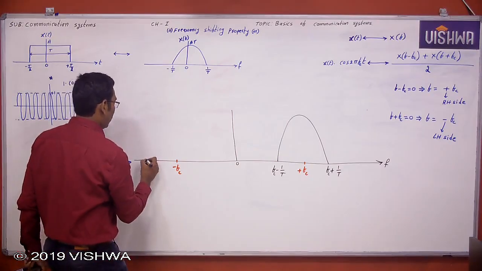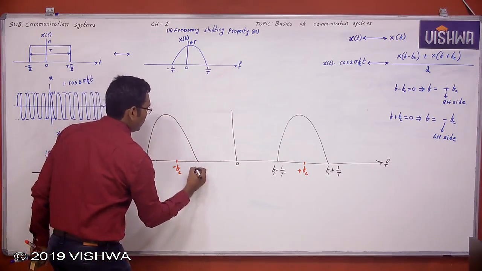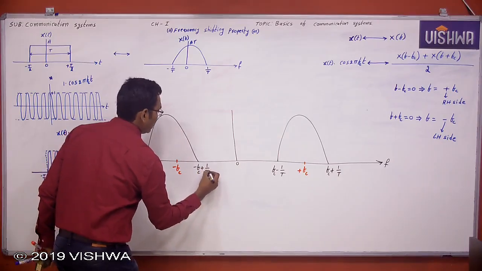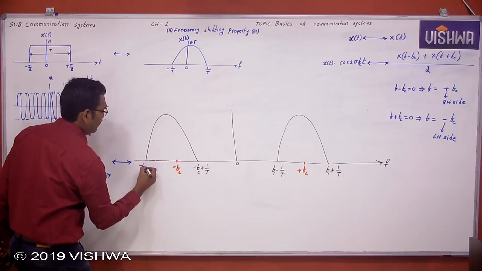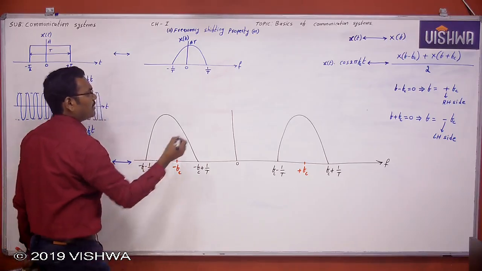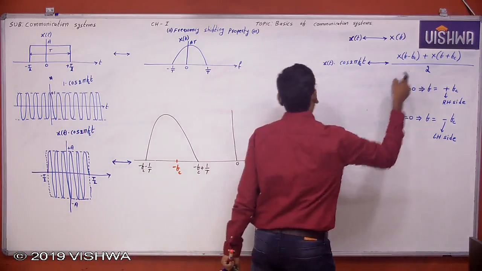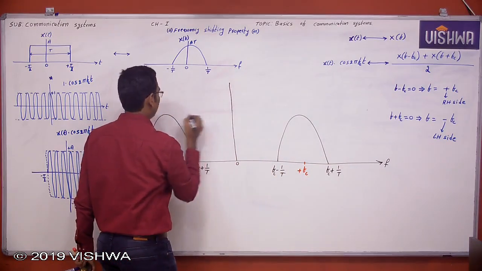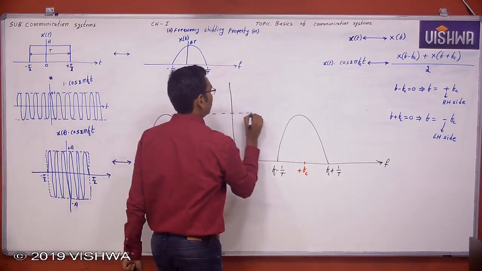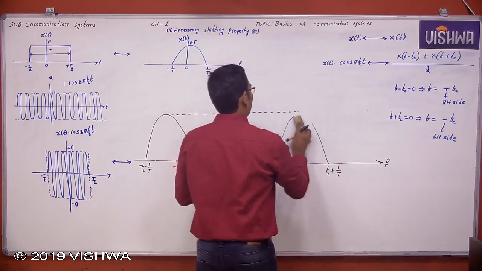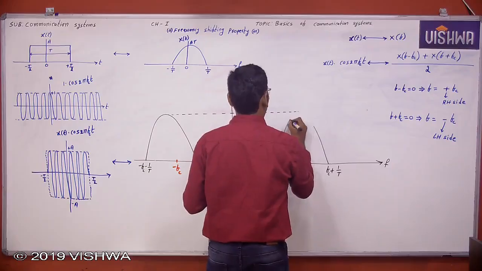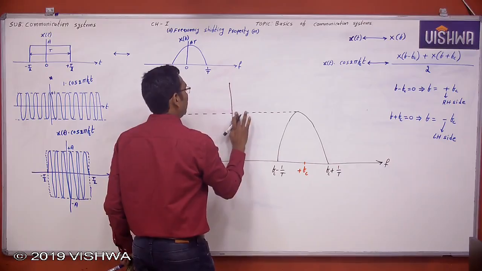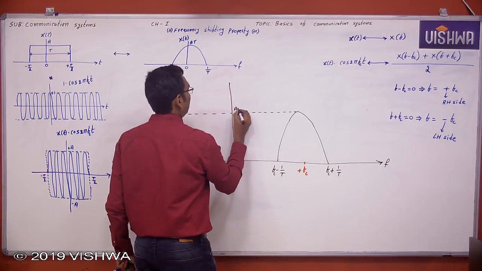Therefore this is minus fc plus 1 by T, and this is minus fc minus 1 by T. And what is the spectral amplitude? It is decreased by a factor of 2. This AT will become AT by 2.